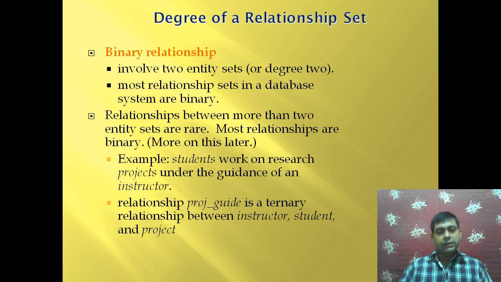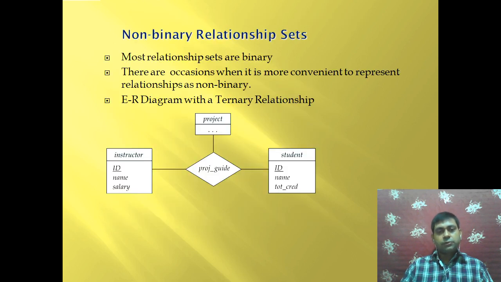And this is a little discussion about the binary relationship. Mostly the ternary relationship occurs very less, but I will give an example here about the ternary relationship as well. Before that we need to understand what non-binary relationship sets are.